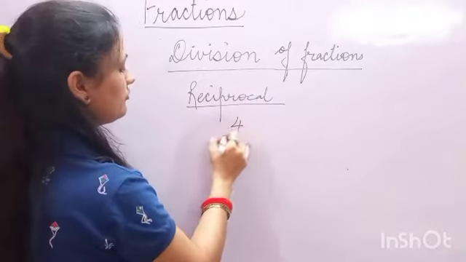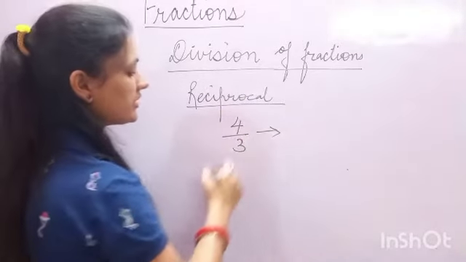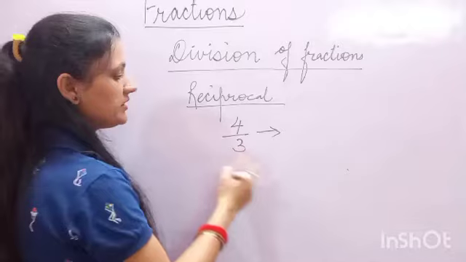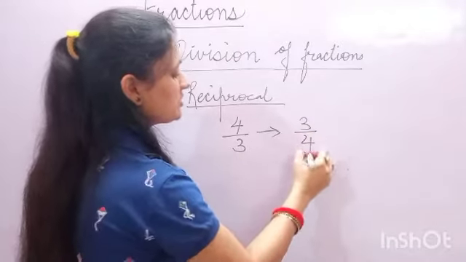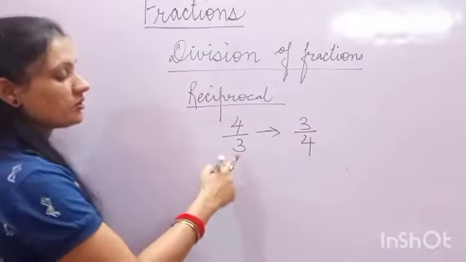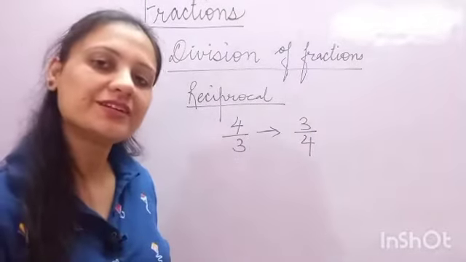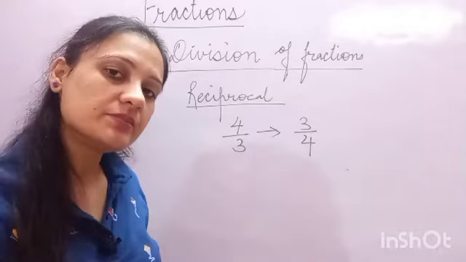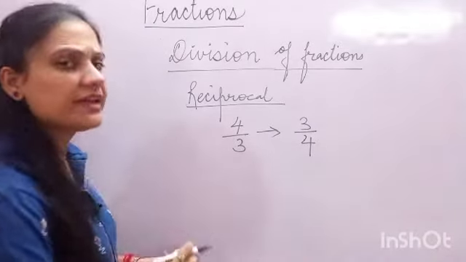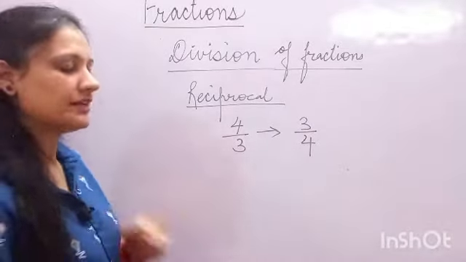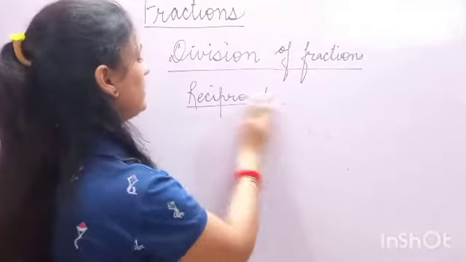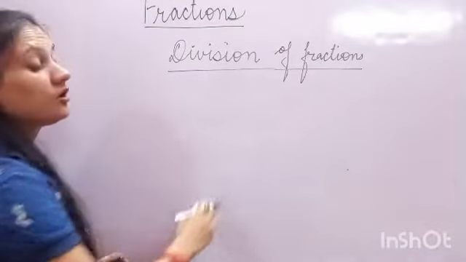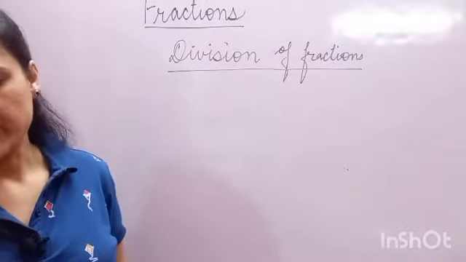Suppose I gave you 4 by 3 and you are supposed to take out the reciprocal. Reciprocal means we just change the position. Numerator becomes denominator, denominator becomes numerator. This is how we take out the reciprocal, right? And why I explained this reciprocal, you'll understand. Do not worry.